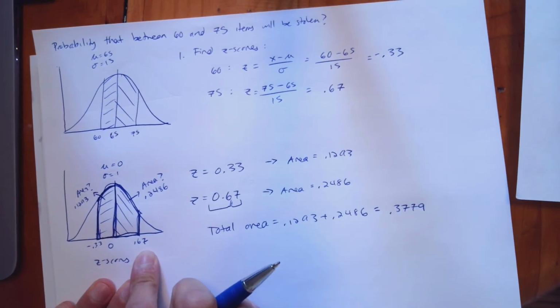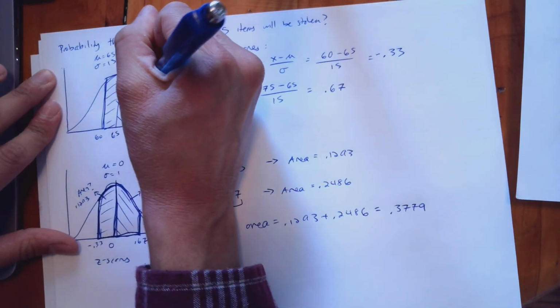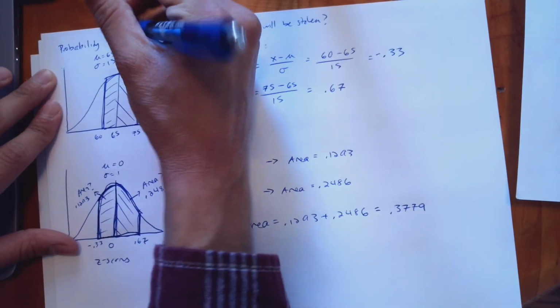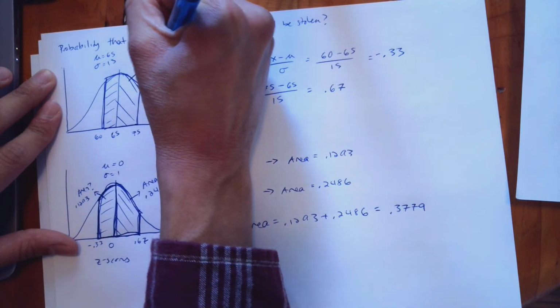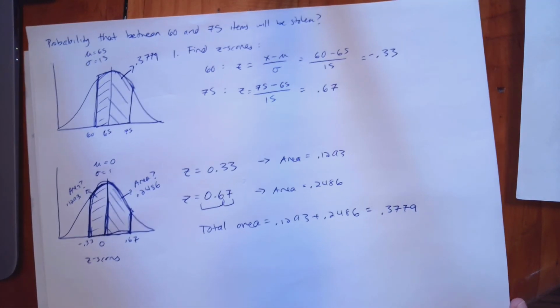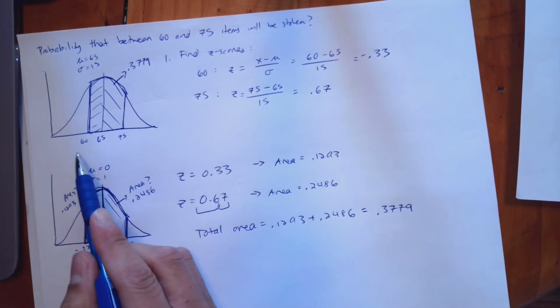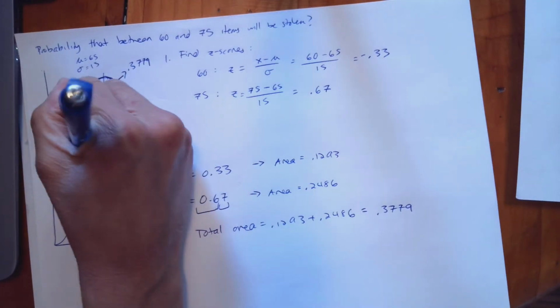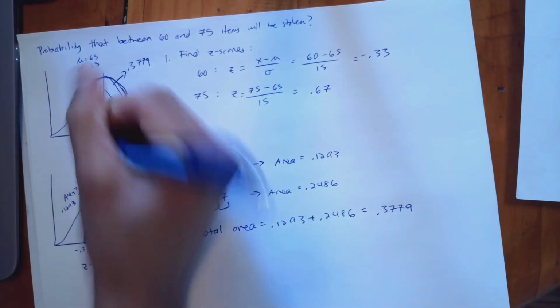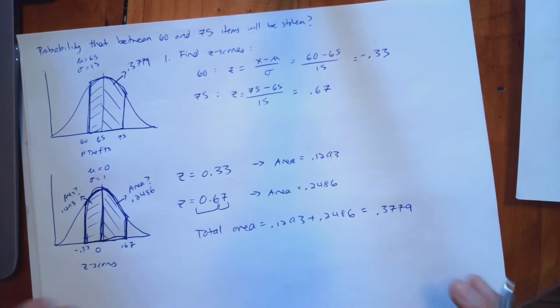Because our standard normal distribution is the same as our other normal distribution, we can also say that the total area under the curve here is equal to 0.3779. And that can be broken up into these two halves also. If our total area under the curve between 60 and 75 thefts is equal to 0.3779, we have our probability.